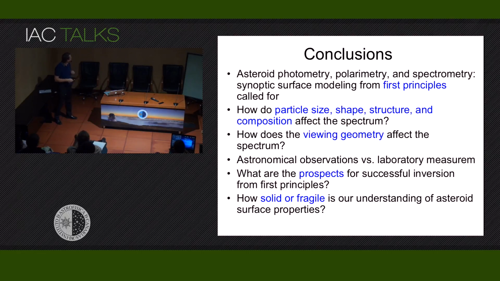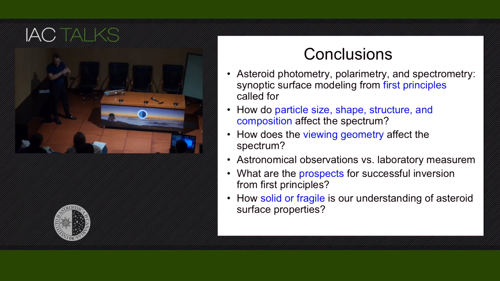So prospects, one can argue, can we ever do this routinely from the first principles? Imagine that we could possibly measure all the materials in the laboratory and get the actual optical constants for all reasonable materials at any reasonable temperature.